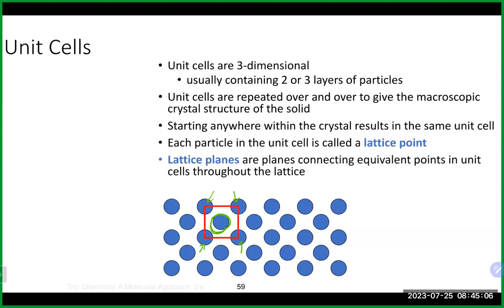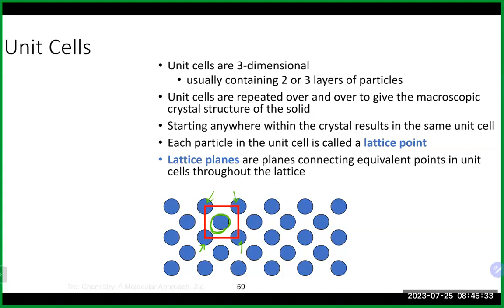So again, in this particular case, if we chose this as our unit cell, we got a little bit of relationships between the neighbors. We also see there's actually a whole atom sitting in the middle of those neighbors. So again, it gives us that orientation of how things come together. Unit cells are usually three-dimensional. They usually contain 2 or 3 layers of particles.